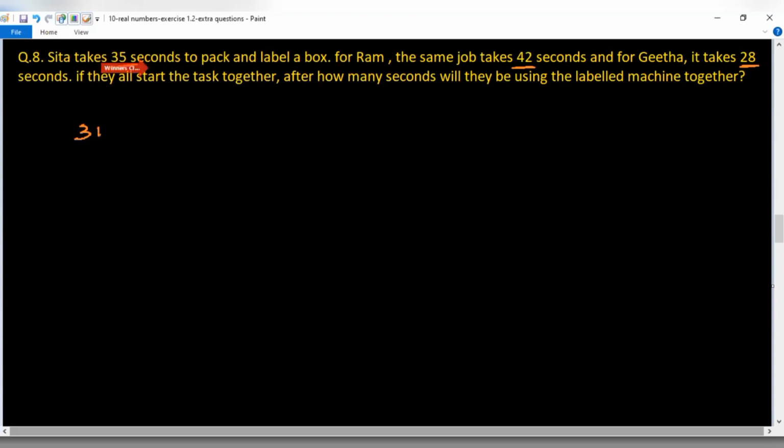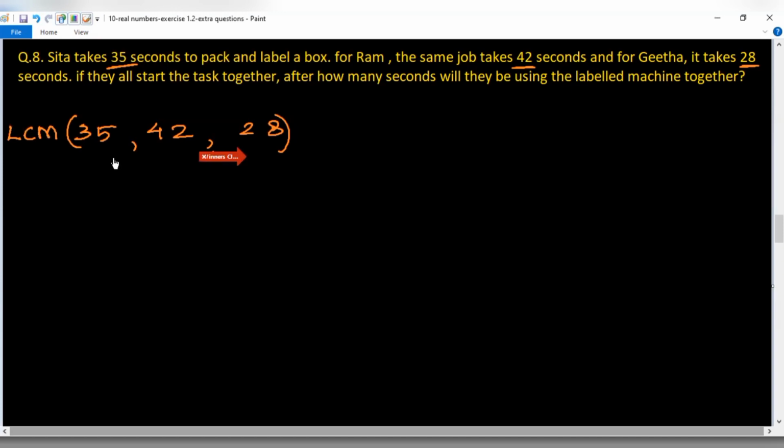35 is there, 42 is there, and 28 is there. So we are searching for a number which is greater than these three numbers. Then only we can say by that time all of them will need the same machine together, right? That means we are searching for a bigger number, means it is a multiple. That is LCM we are searching for.